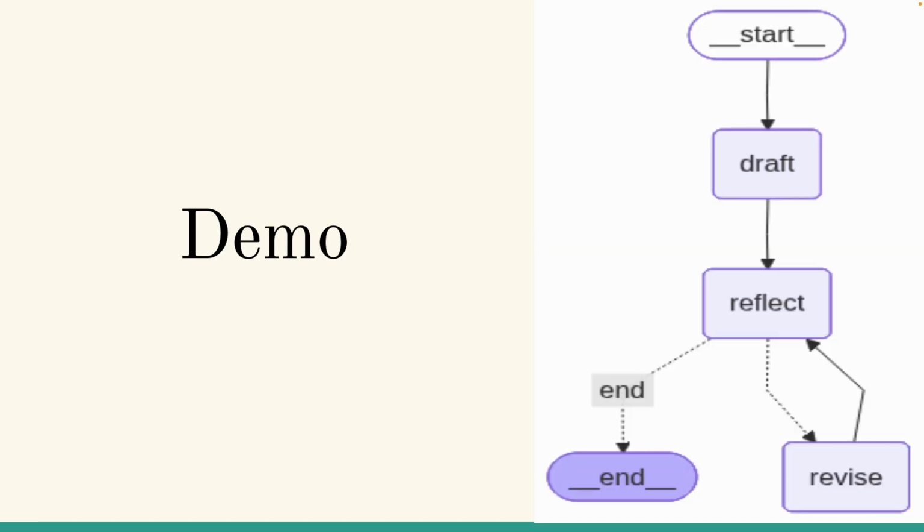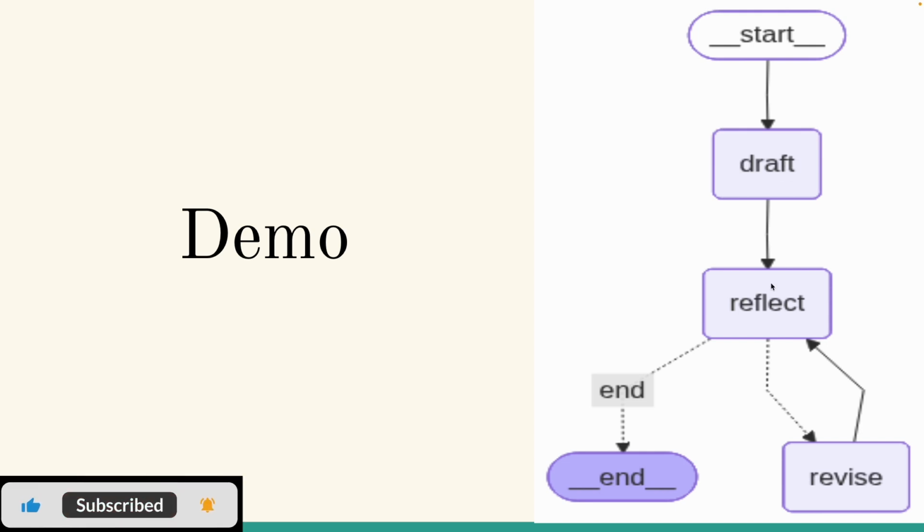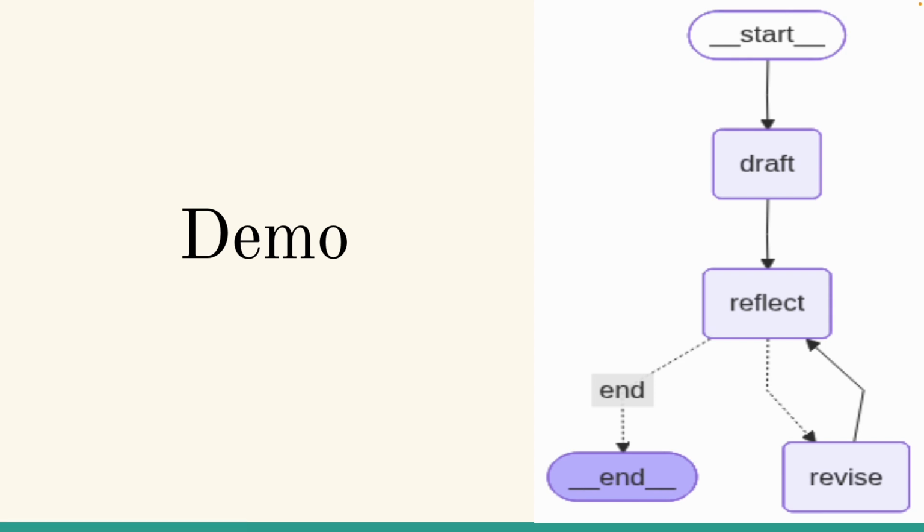Now in the demo, we'll be creating this kind of graph. In the draft node, we will make an LLM call for the given user input and make an initial draft. Then in our reflect node, we will reflect on whether that initial draft is good enough or not. We'll take the feedback, then based on that feedback, we'll revise and write that particular text again.